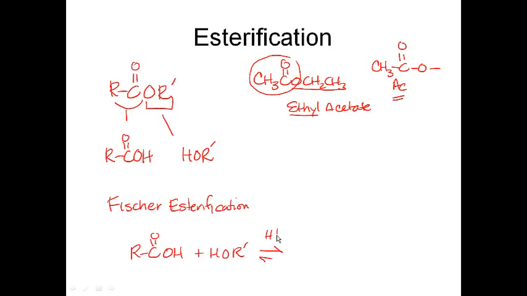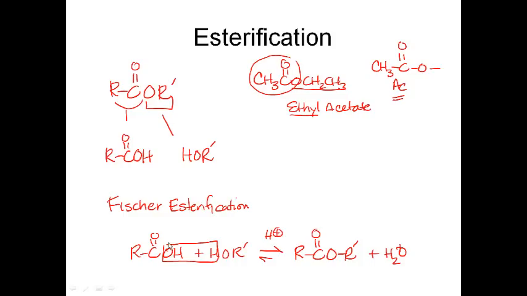If we add acid to this as the catalyst, which we absolutely need to do, we'll end up forming our ester and then H2O. So we end up losing an H2O molecule. And this is sometimes called a condensation reaction as well, since it produces water as the product.